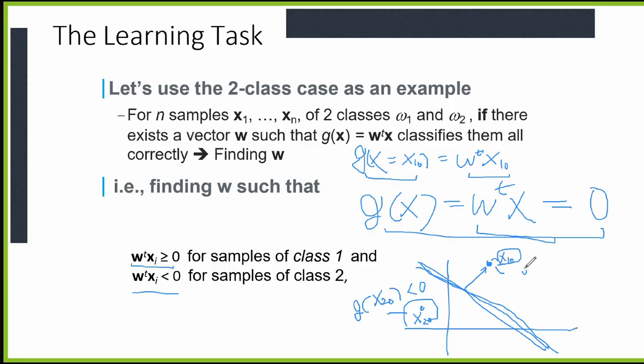And when plugged in x10, the g of x output is positive. So this is basically how we discriminate samples with respect to their position relative to the decision boundary, by computing their relative distance to the line.